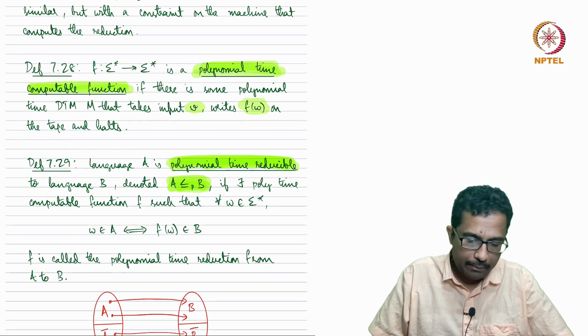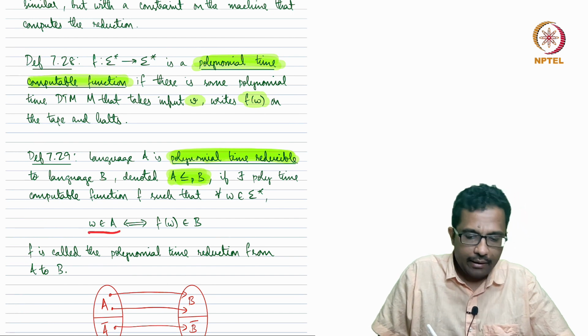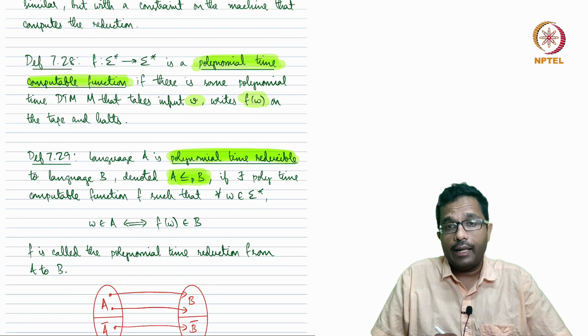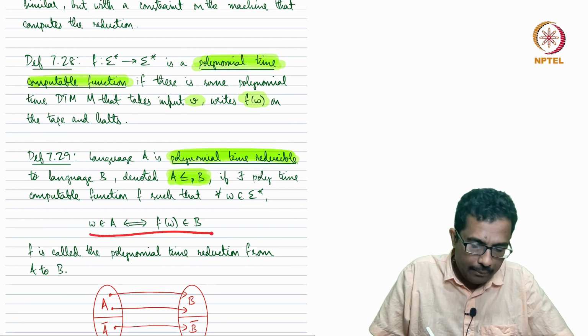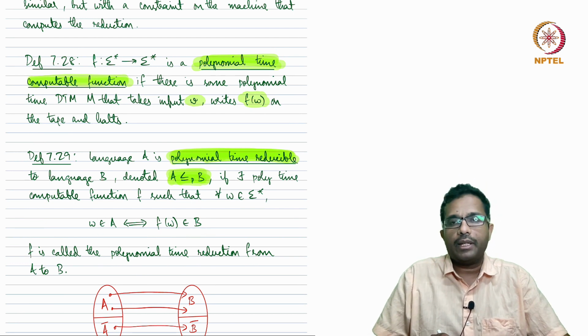What do I mean by reduction? For all w in A, f of w should be in B, and for all w not in A, f of w should not be in B. In short, w is in A if and only if f of w is in B.